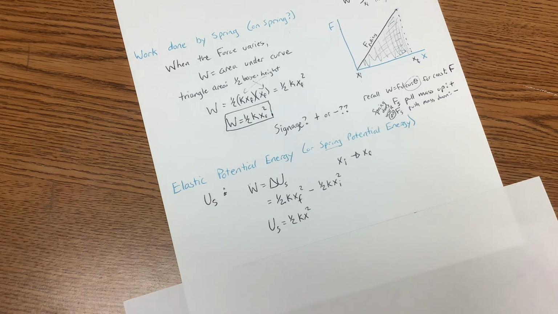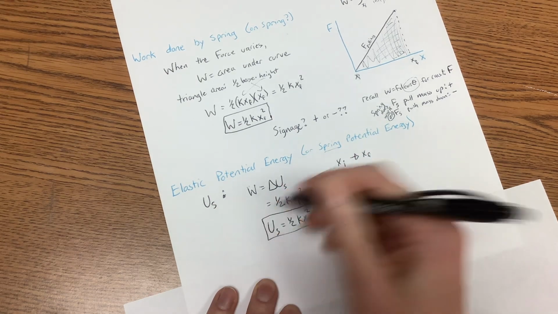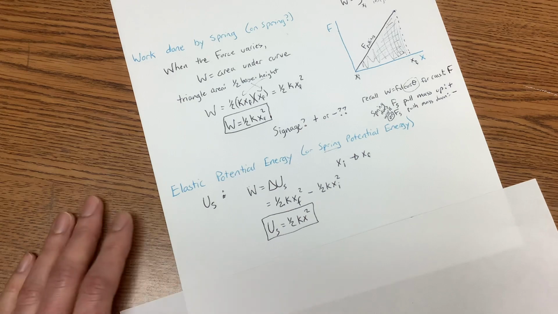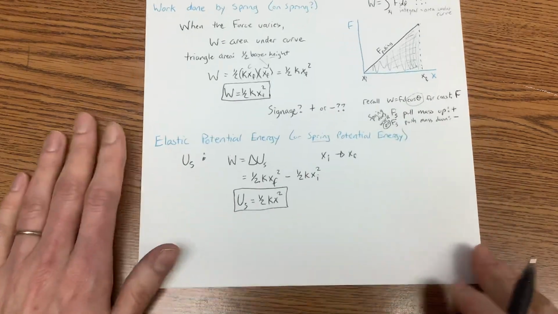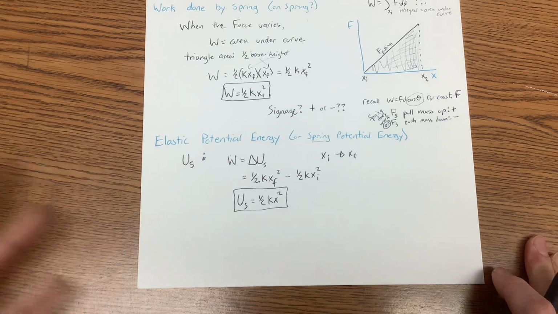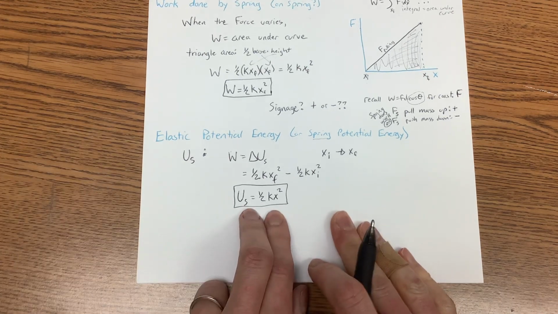And so that's our formula right there. So when you're looking at the potential energy in a spring and any other energies that might be taking place, this is the one for the spring here.